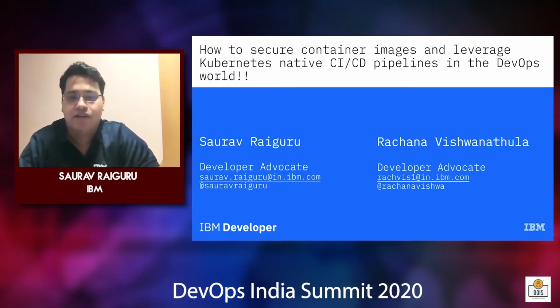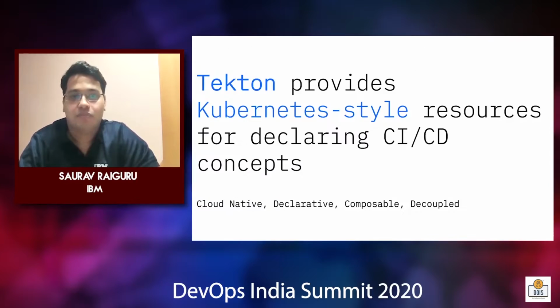So to get started with understanding Kubernetes native CI/CD pipelines, we have to look at a new project that has been GA'd or open sourced by the Continuous Delivery Foundation around March of 2019, which uses Kubernetes style resources for declaring CI/CD concepts.